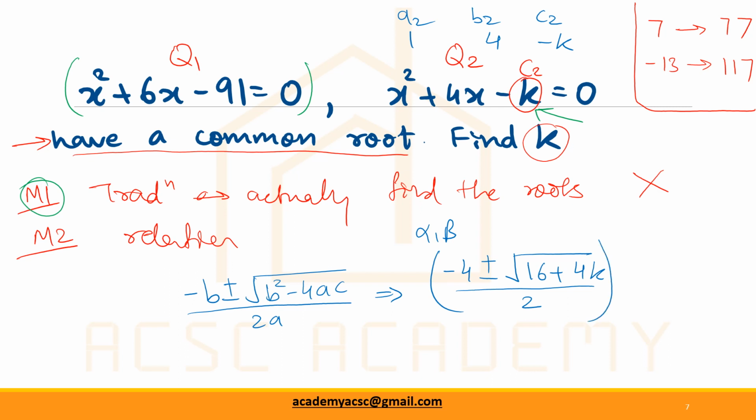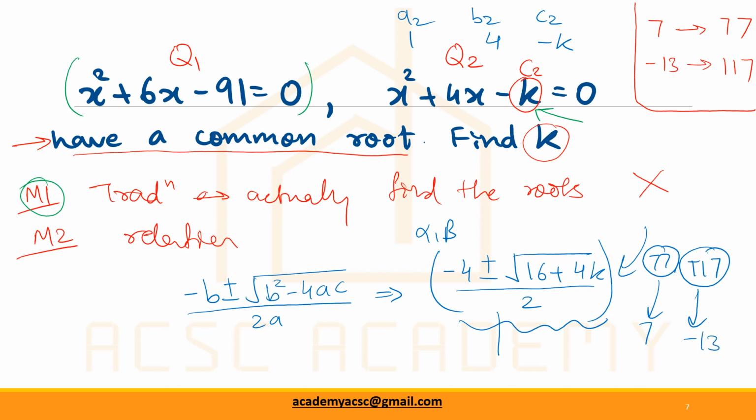So now the only option we are left with is to substitute both 77 and 117 in place of k, and then solve this out and check if by substituting k equal to 77 we get 7, or by substituting k equal to 117 we get minus 13.